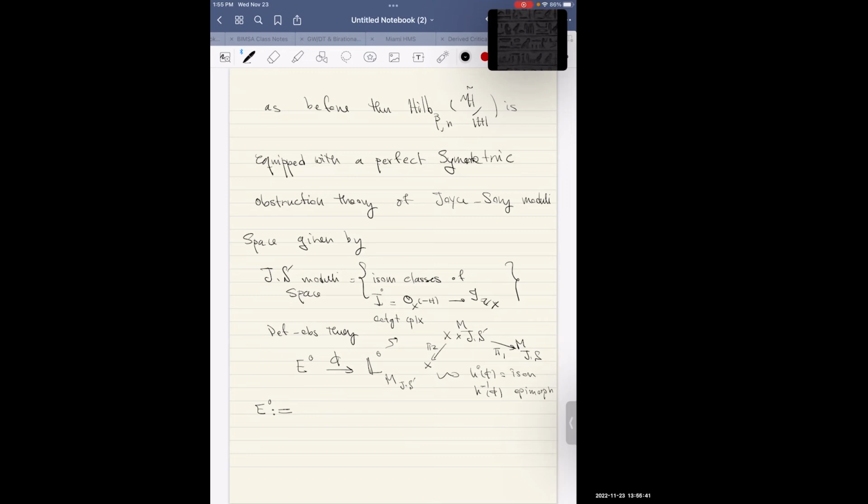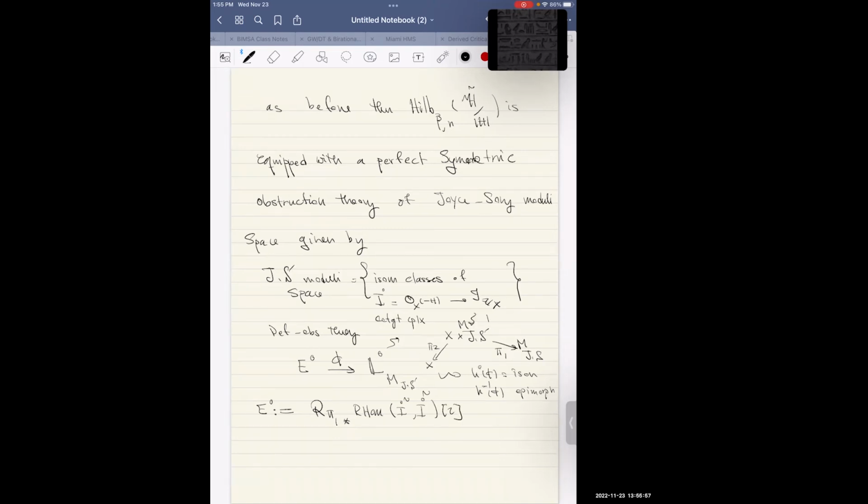So what is E dot? E dot is exactly R pi 1 lower star of R Hom of I dot tilde with a shift by 2. So this Joyce-Song moduli space comes with the universal two-term complex. If you look at homomorphisms from I dot, that's basically what it is.